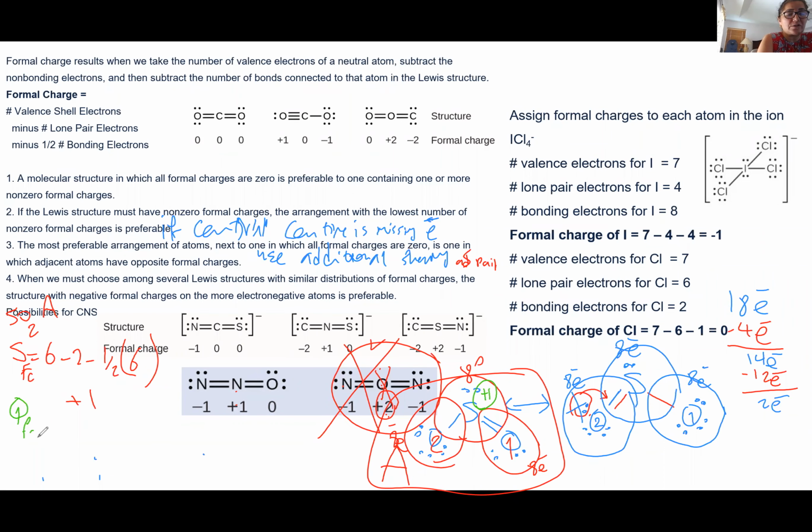For oxygen 1 formal charge, how many valence electrons do I have? Oxygen is in group 6, so the valence electron count is 6, minus the unshared electrons. Oxygen 1 has how many unshared electrons? 4. So this is the unshared electron count, and then this would be half shared.